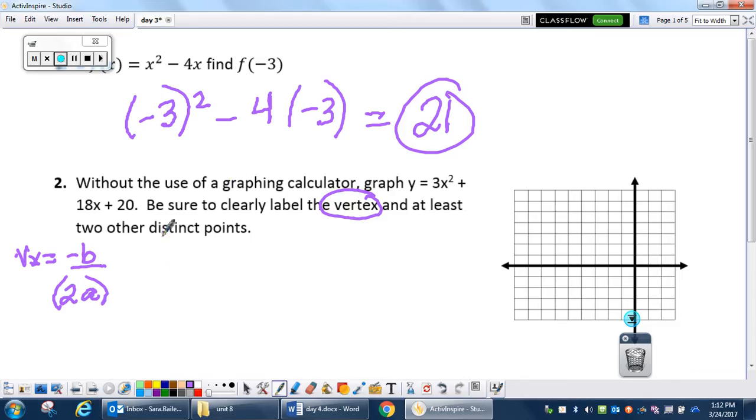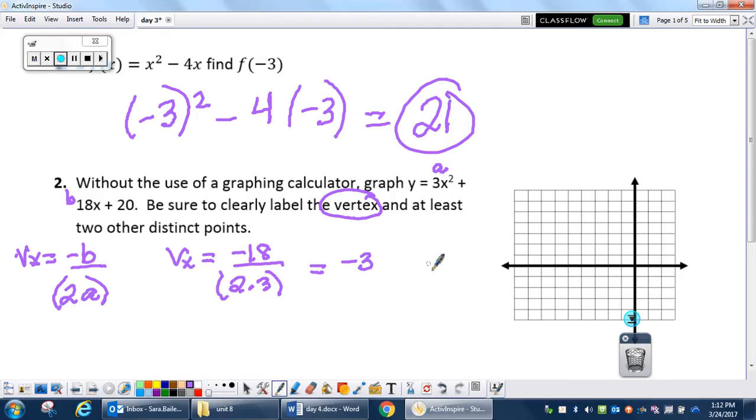Okay, so to get our x, we're going to do a is 3 and b is plus 18, so it's positive. So we're going to do the opposite of b, which is negative 18, divided by, put this in parentheses, 2 times 3, and we get negative 3.